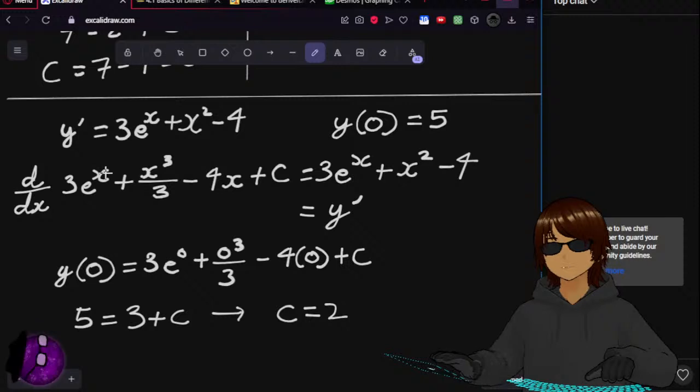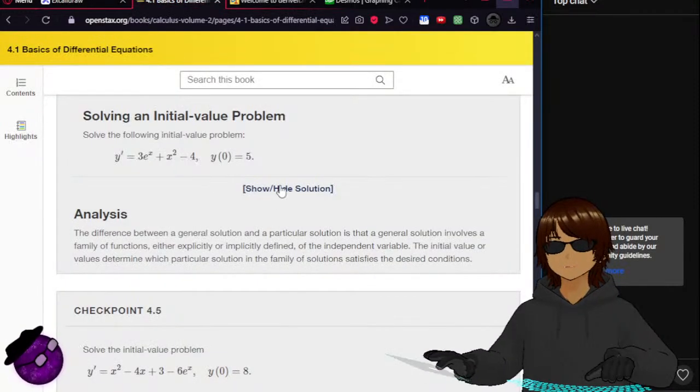So the equation of y is 3e to the power of x plus x cubed over 3 minus 4x plus 2.